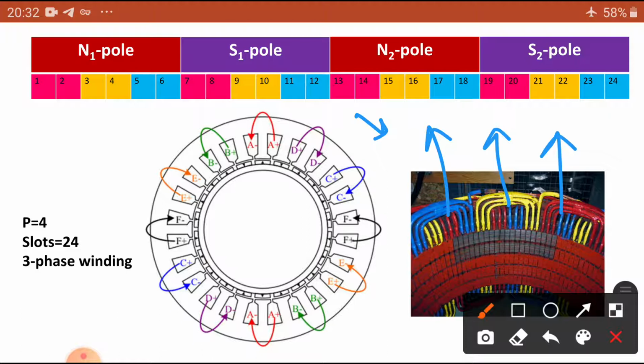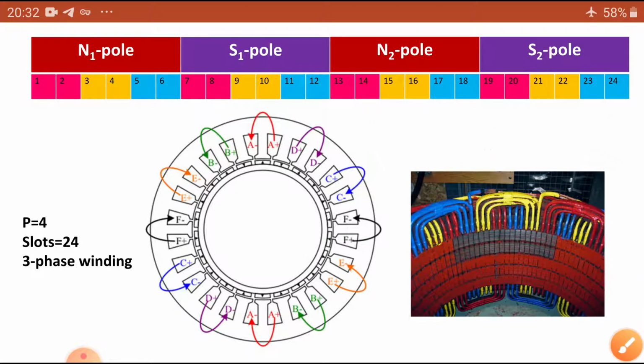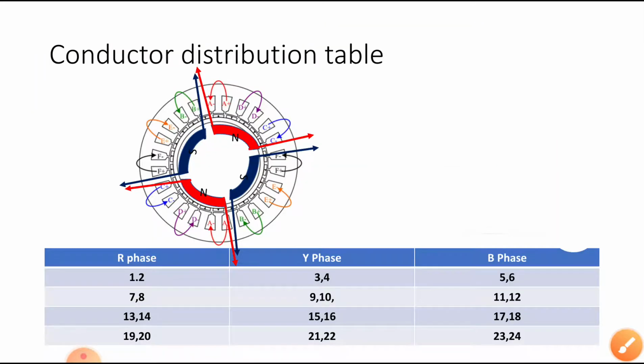So you have to maintain the moral: first give priority to the younger one, after that the middle, after that the elder one. That is how we maintain the 120 degrees apart. Okay. So this is a basic concept. Now let us start on the conductor distribution table.